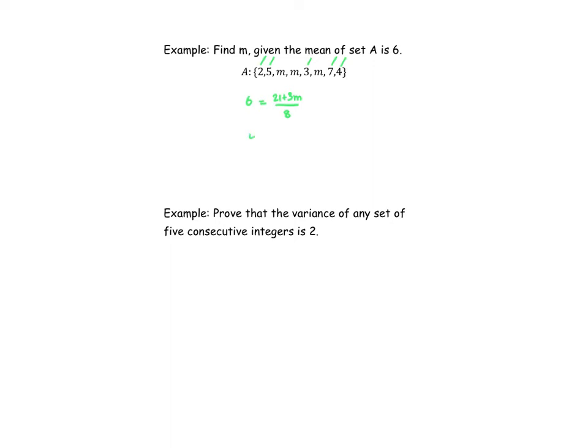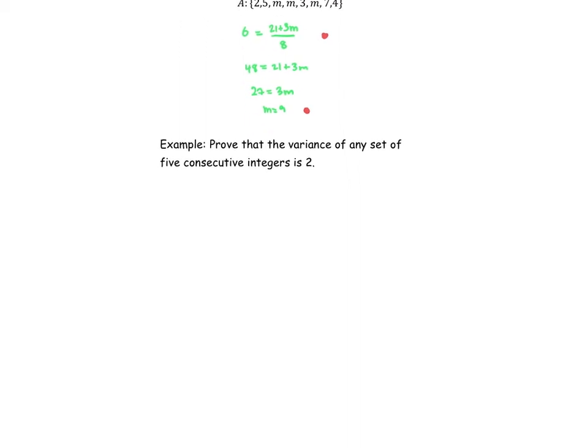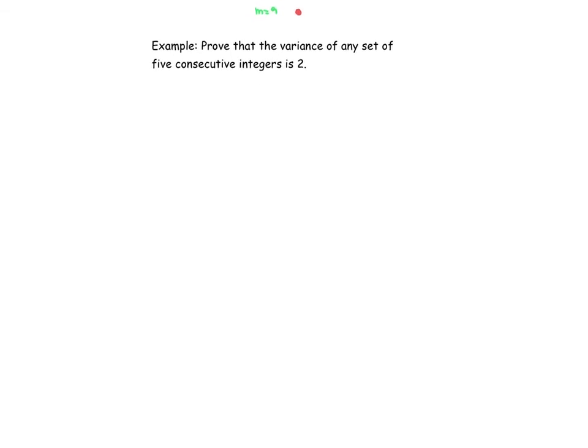If I can just do a little algebra, that tells me that 48 is equal to 21 plus 3m, which tells me that 27 is equal to 3m, which means that m has to equal 9. If I were to allocate marks for this, I would say this would probably be like a 2-mark question. Pretty simple. If this were an exam question, it'd probably be a little beefier and require a little bit more from you. Okay, example 2.